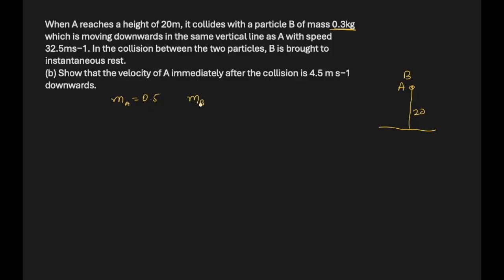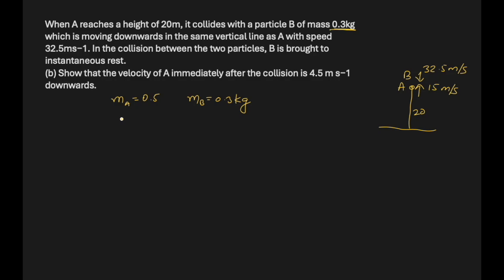Mass of B is 0.3 kg, which is moving downwards on the same vertical line with a speed of 32.5 meters per second. So B is coming down at 32.5 meters per second. This is going up at 15 meters per second. Okay. In the collision between the two particles, B is brought to rest.